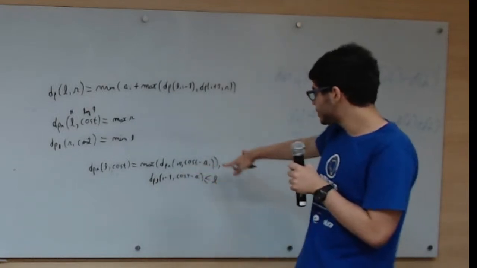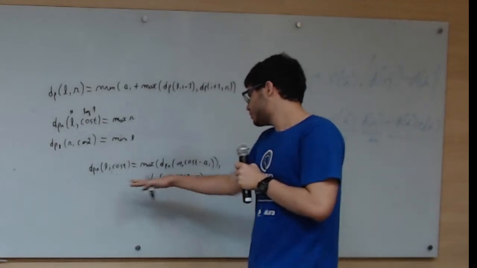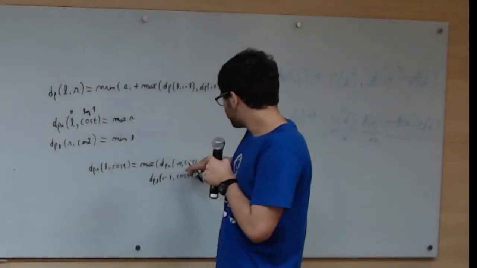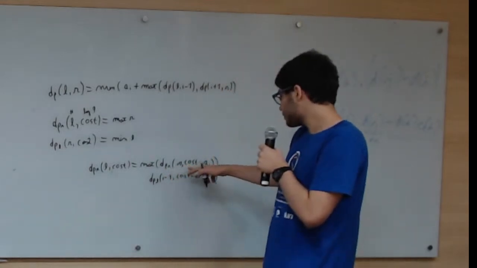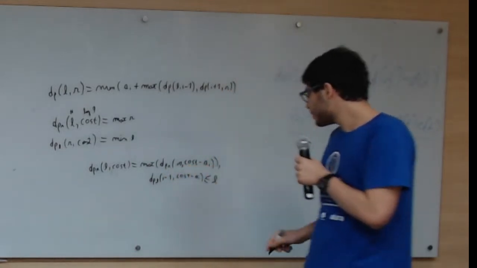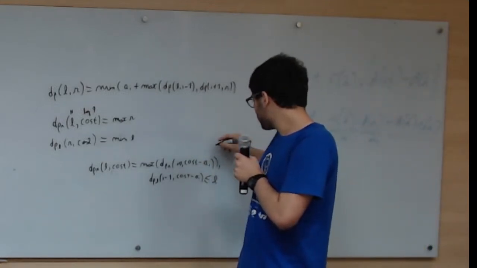So if you choose to partition on I, you can go until DPR[I+1][cost - A[I]], and you can only choose to partition in one I.